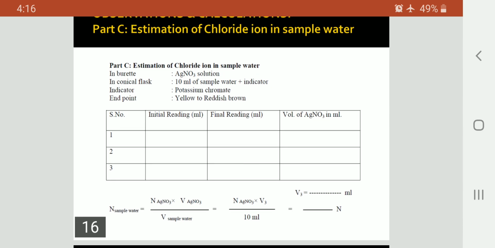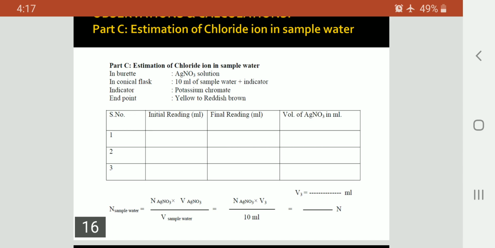In general, you are supposed to take the concordant reading, because sometimes if you take the average of these 3 readings, you may obtain something like 10.32. You cannot read this 0.32 in the burette, because there is only 1 place after the decimal in the burette and you cannot read that.